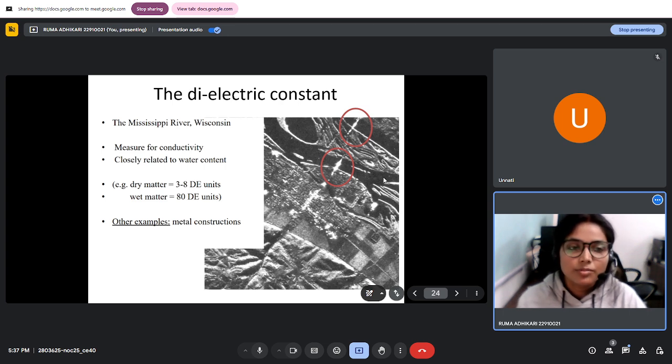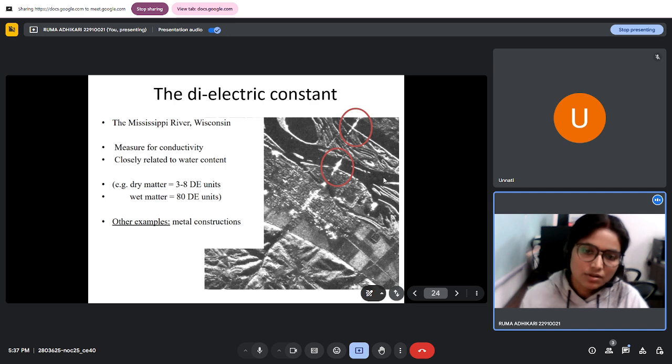When it is mostly pure water, not much affected by atmosphere, any interference or any sedimentation, anything in between the water, because water has an approximate dielectric constant of 80, it should appear brighter.